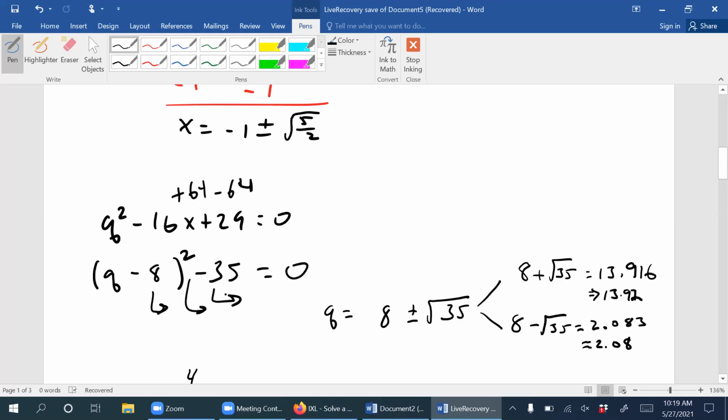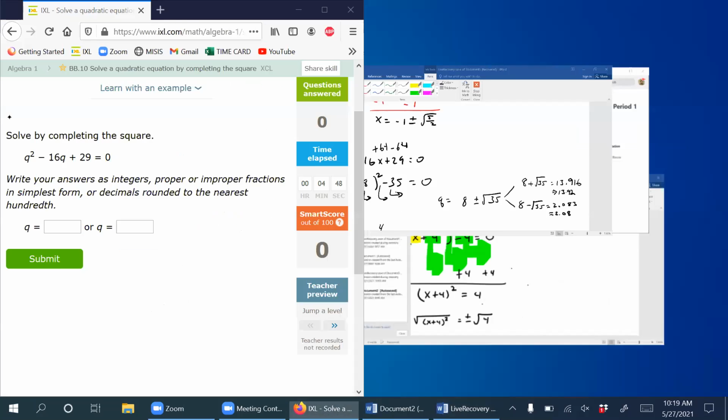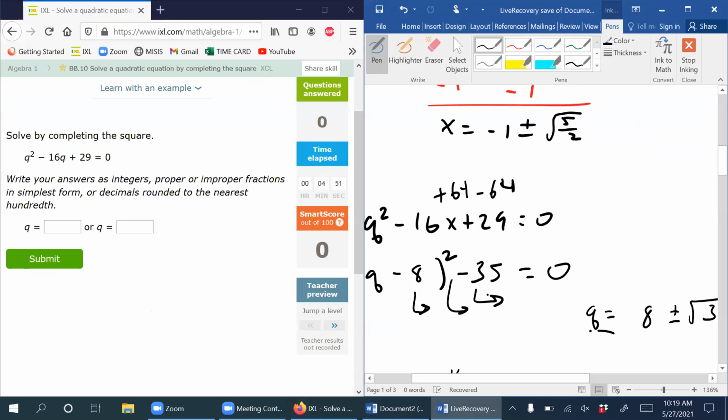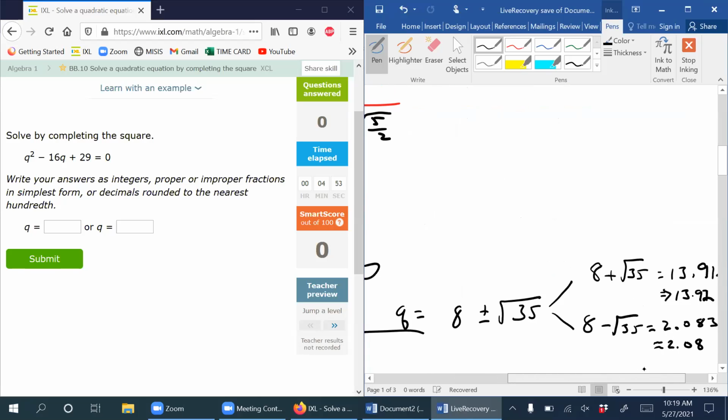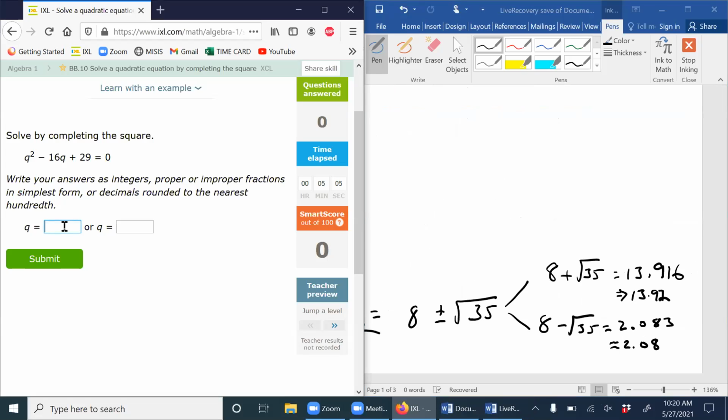So let's cross our fingers like in all IXL problems. We're going to cross our fingers and hopefully we got it right. So let's go and plug our two answers in. 13.92 and 2.08.